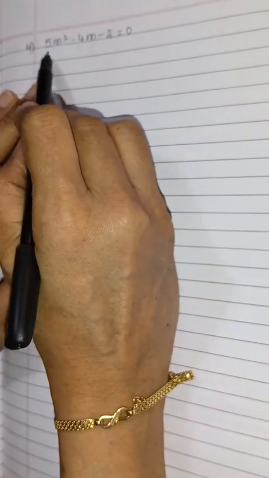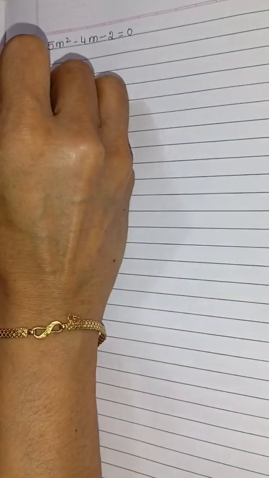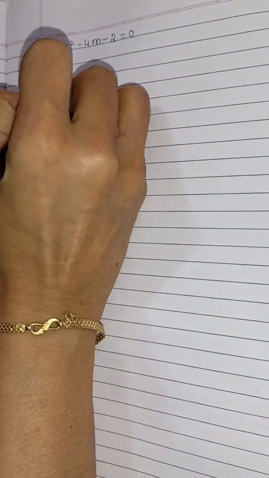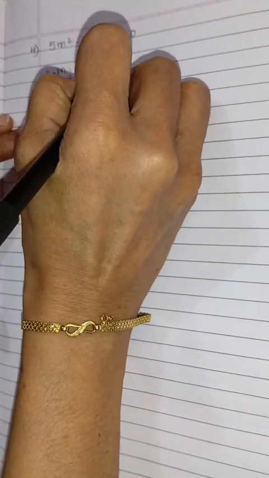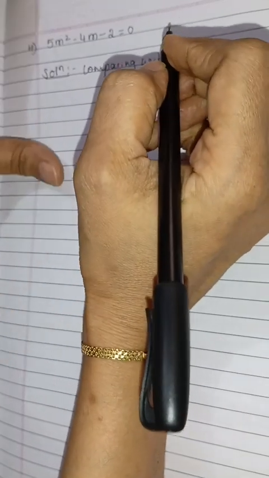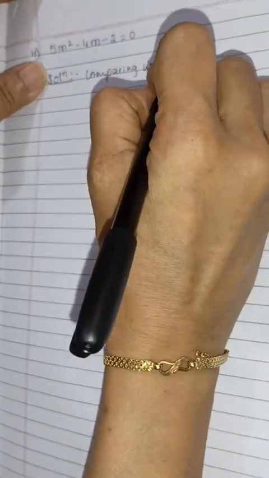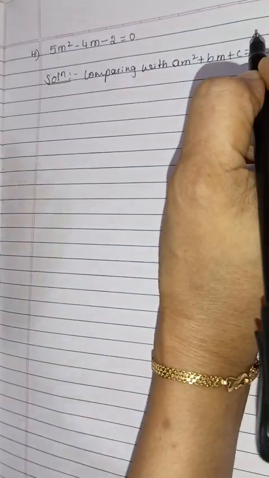Fourth one is 5m square minus 4m minus 2 equal to 0. Comparing with standard formula, that is am square plus bm plus c equal to 0.